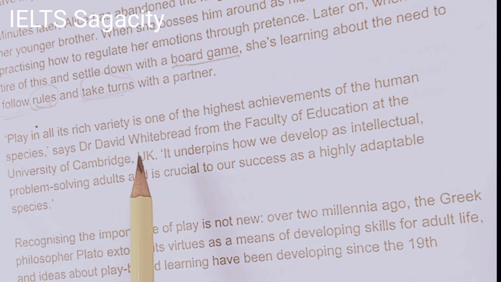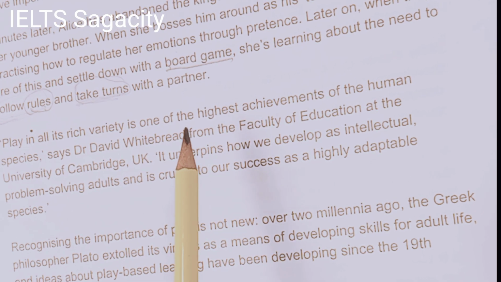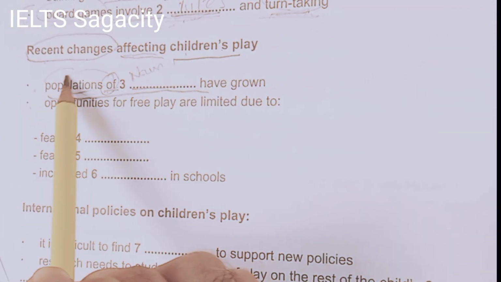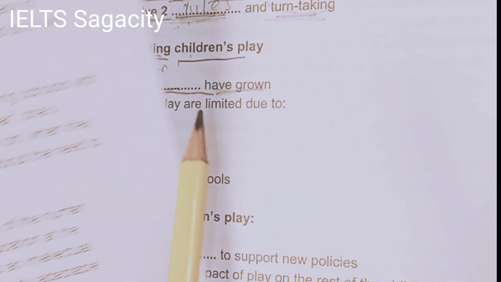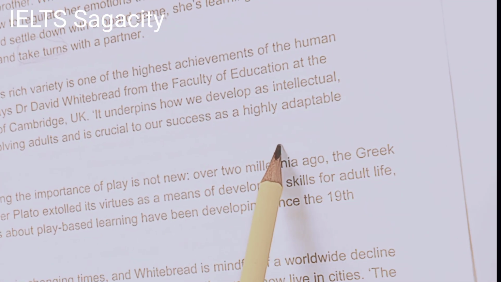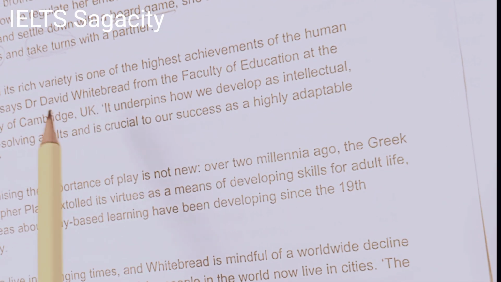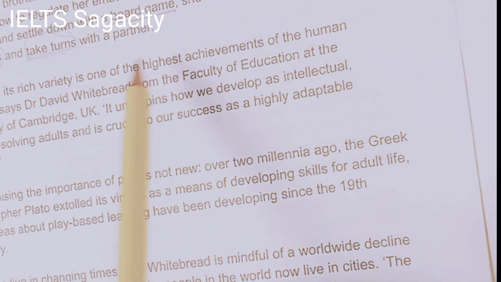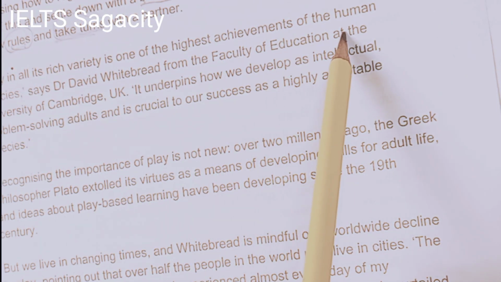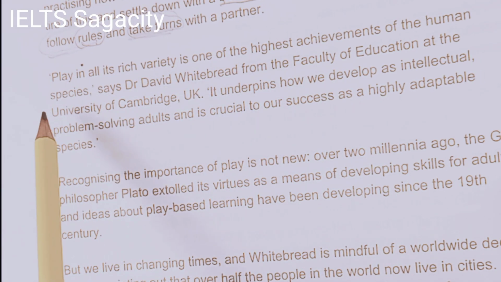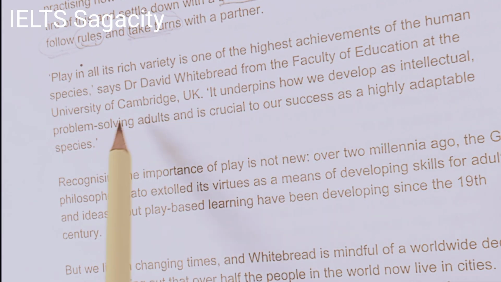We are going to look for something related to populations and something which has increased. So we are going to look for any word or phrase which somehow resembles these expressions.